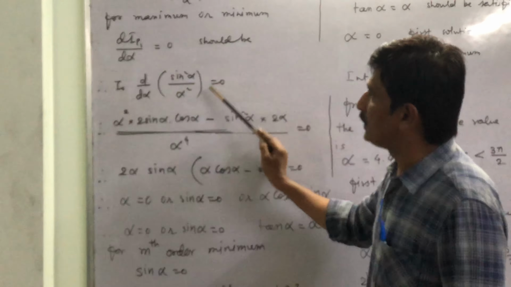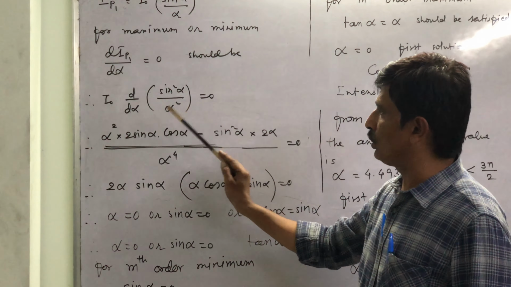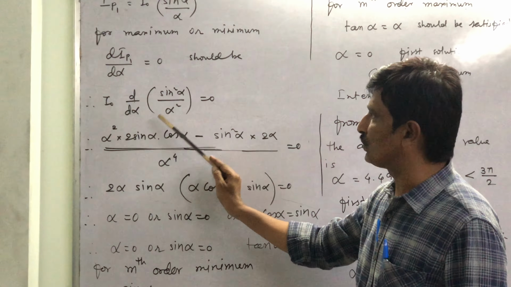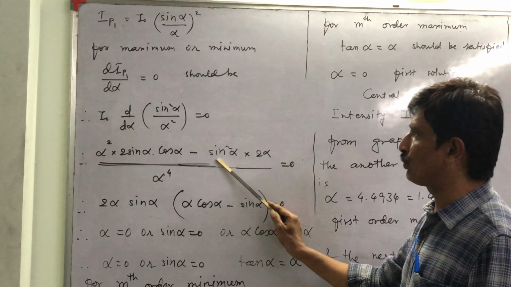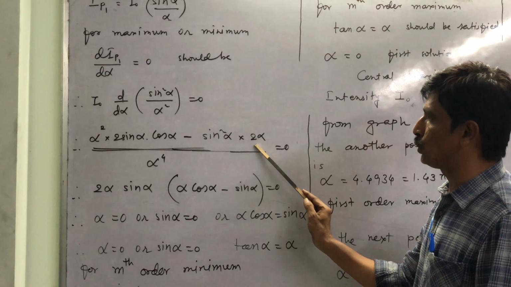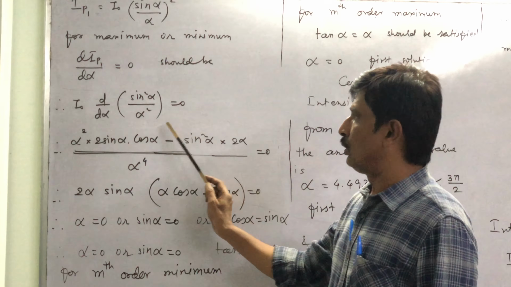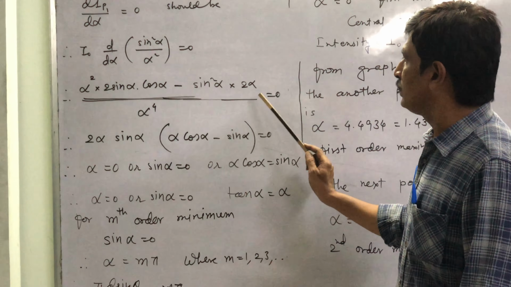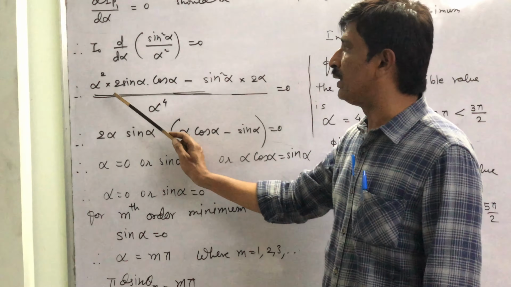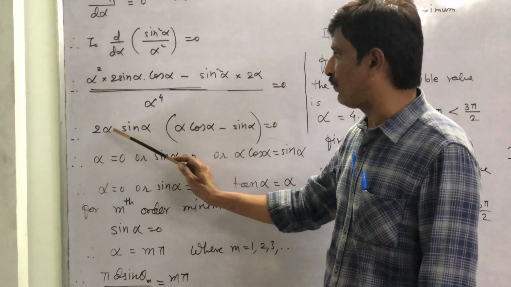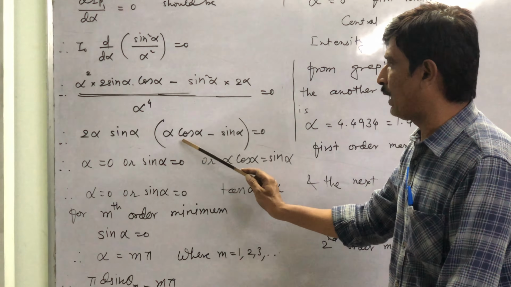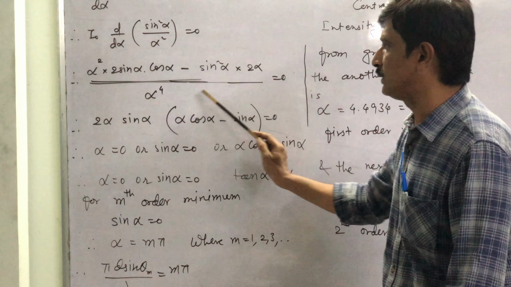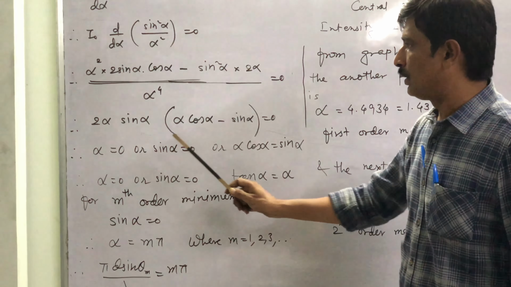Using the quotient rule: α² into the derivative of sin²α, which is 2 sin α cos α, minus sin²α into the derivative of α², which is 2α, over α⁴, equal to 0. For a fraction to be 0, the numerator is required to be 0. So taking 2α sin α common, we have α cos α minus sin α. This is the numerator and it should be 0.